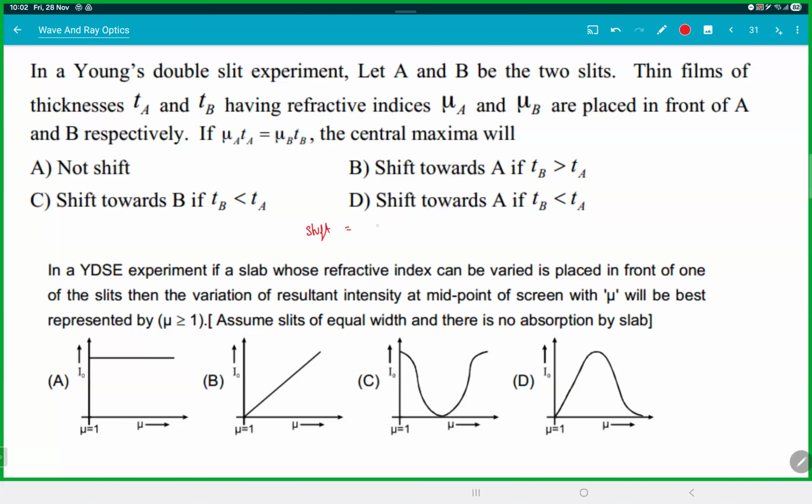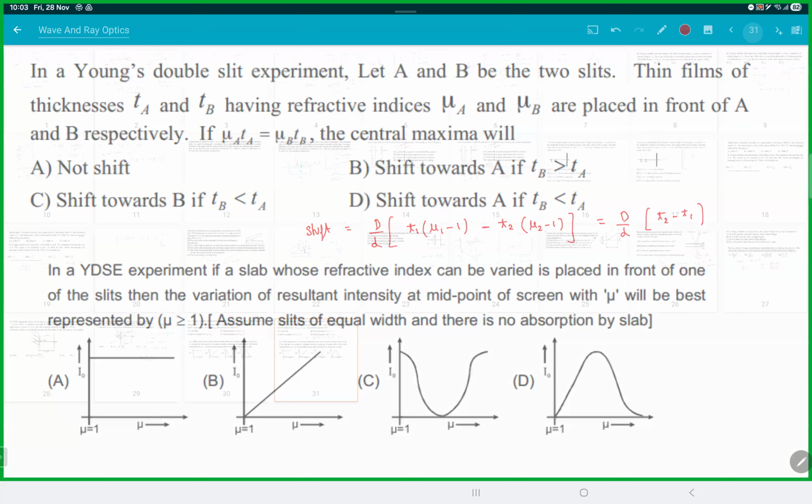So the shift will be D by small d, t1 (mu1 minus 1) minus t2 (mu2 minus 1). Clear with this? So t1 mu1, t2 mu2 will cancel. You will be stuck with D by d times (t2 minus t1). I hope that was right.